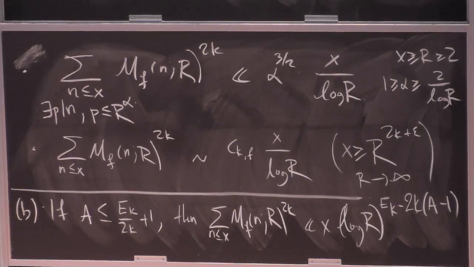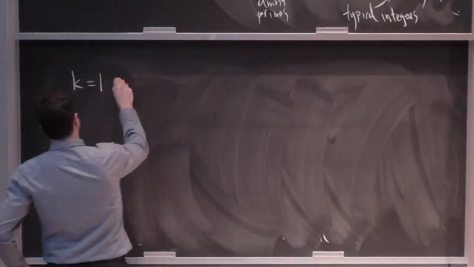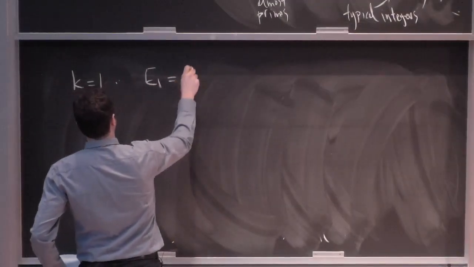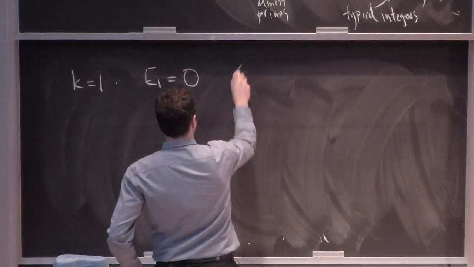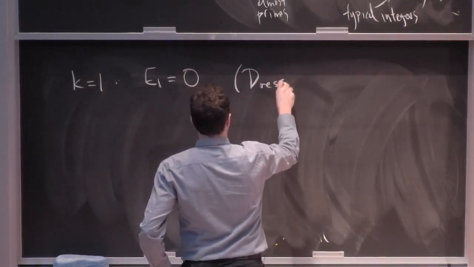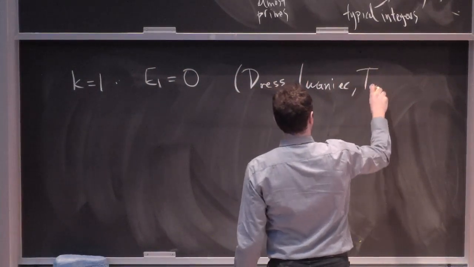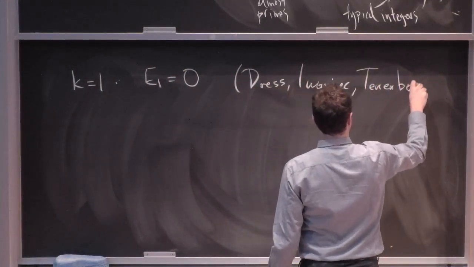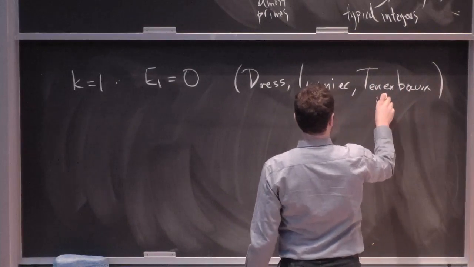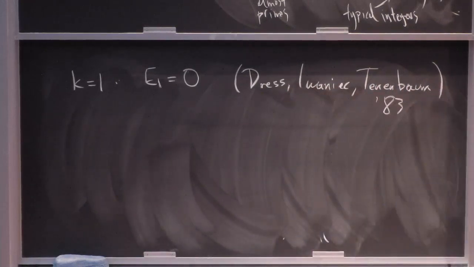Right, so what do we know about E_k? This is an old problem, and it has been studied by various people. When k is 1, E_1 is known to be 0 by work of Dress, Iwaniec, and Tenenbaum. But I believe it was done in 83.